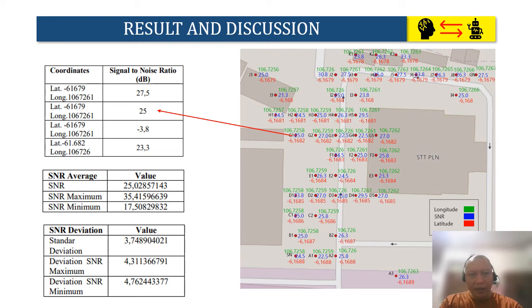As we can see, the standard deviation for all SNR is 3.7, for the maximum it is 4.3, and for the minimum it is 4.7.